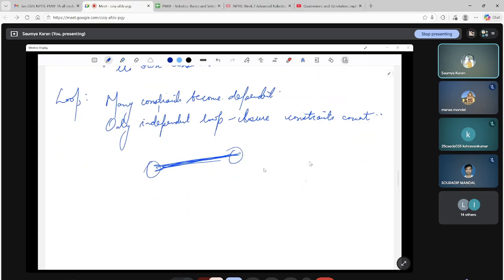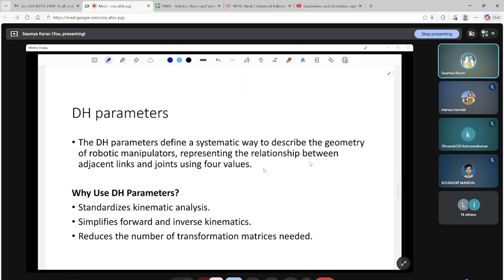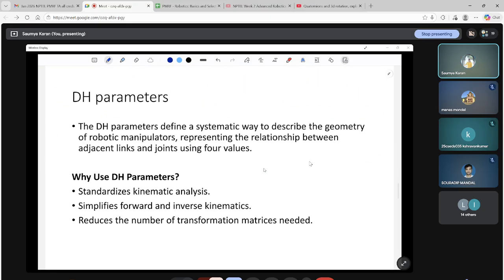Now after this, what I have to share is very important. This is the DH parameter. Why do we actually need DH parameters? Can anyone tell me the full form of DH?